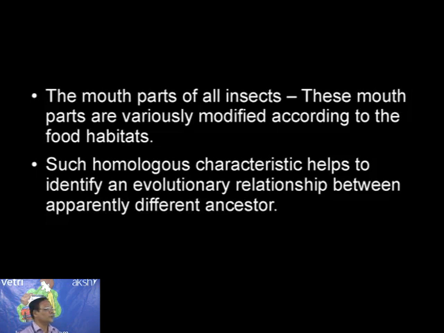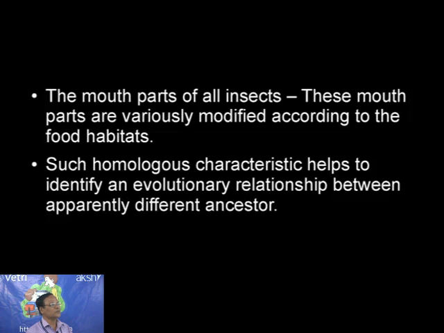But from the primitive mouth parts, we have diversified different types of mouth parts. For example, in the housefly, it is called sponging and sucking type. In the butterfly, it is called siphoning type. In the cockroach, it is biting and chewing type.